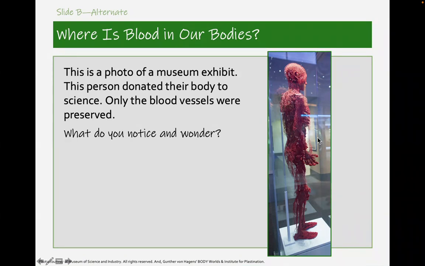So that might be a possibility. That's a pretty neat thing to look at to see where the blood is in somebody's body. You can see the hand here, the arm coming down, chest, the whole head is covered with blood vessels, same with the feet.